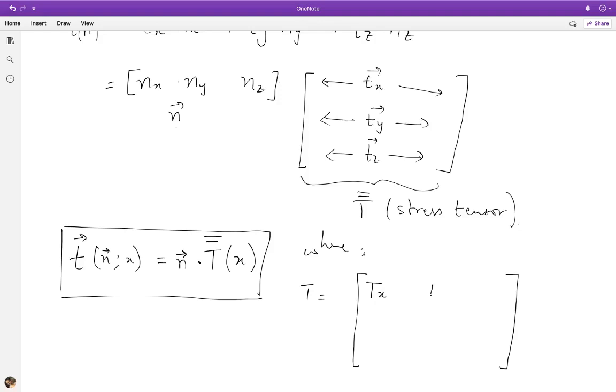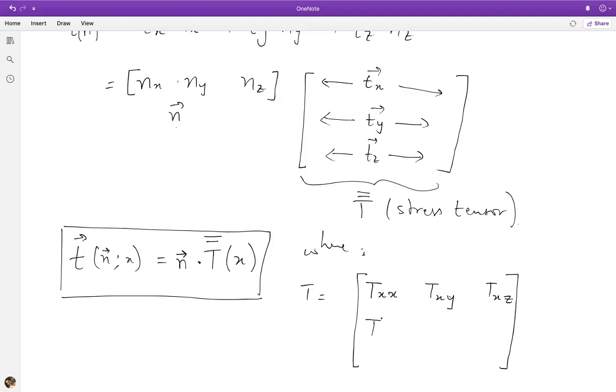So all of these components are associated with stress acting along the x oriented surface. The first subscript denotes the surface, but then it's going to act in 3 different directions, because this tx, which acts on the x surface, itself has components in the x, y and z direction because it's a vector. So this is the x component of the stress in the x direction, this is the y directed component, and this is the z directed component.